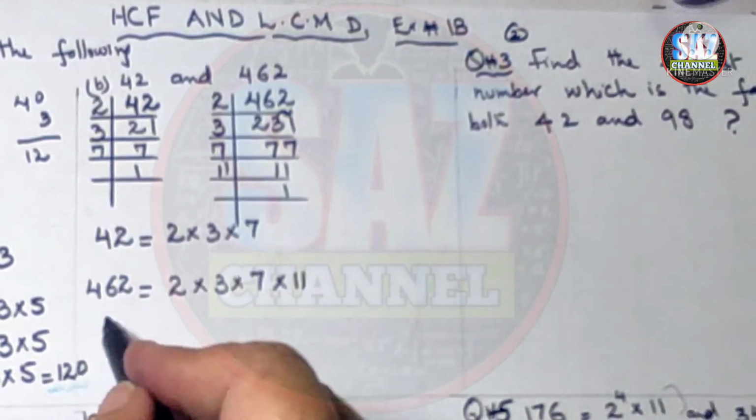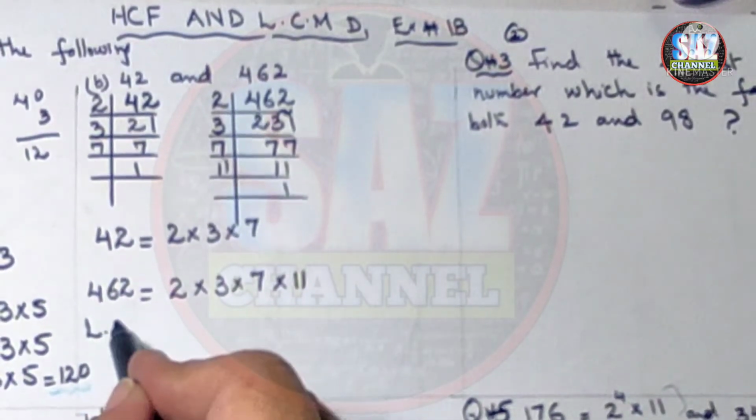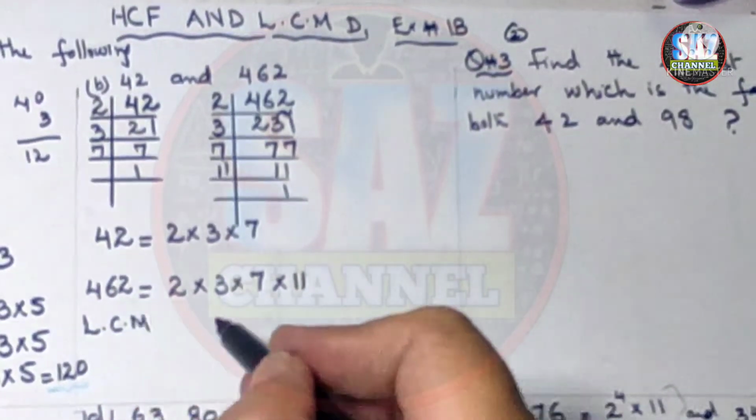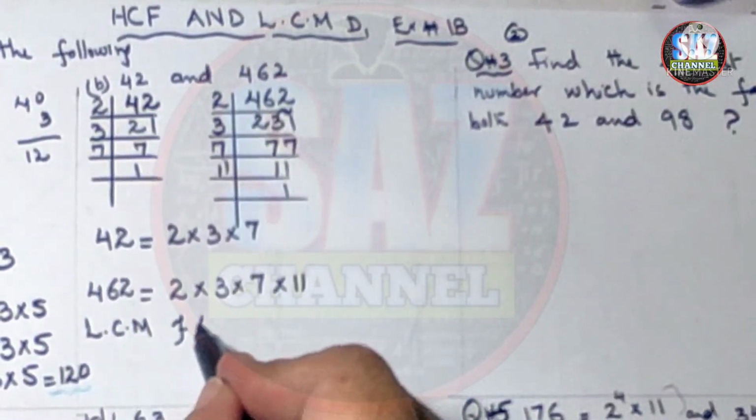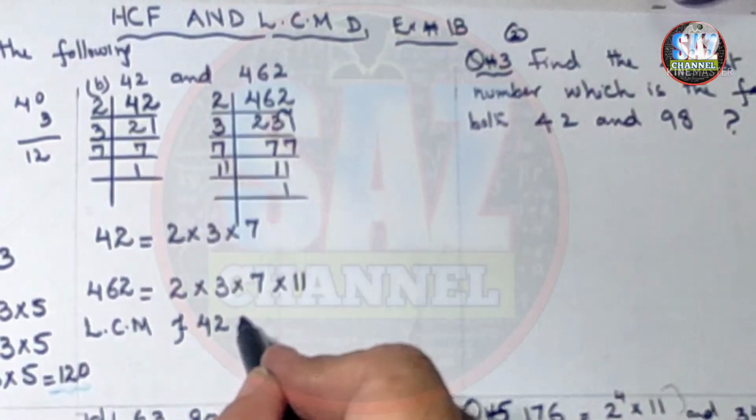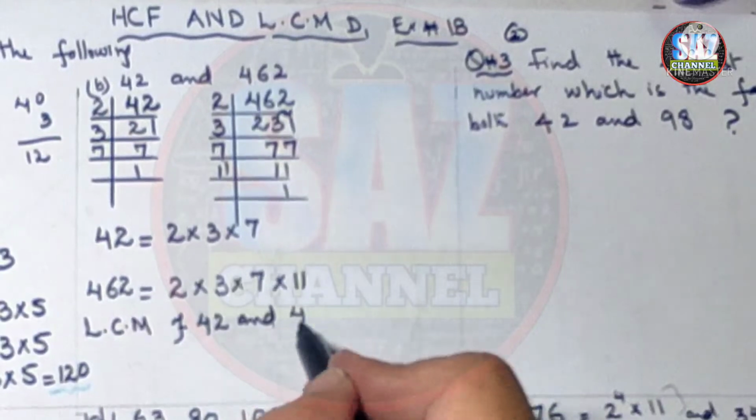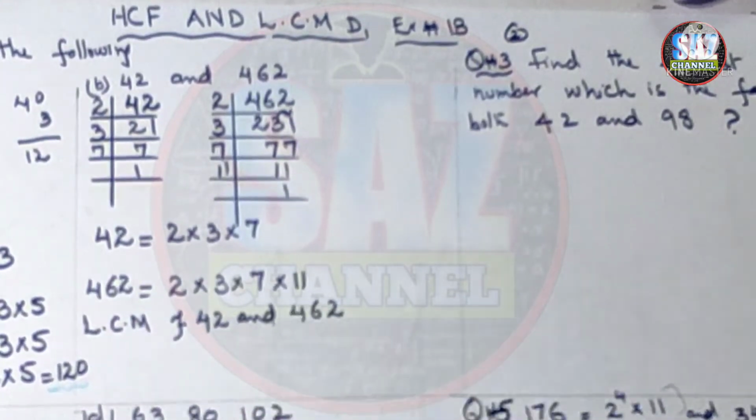Now, as we know, recall what is the LCM of 42 and 462. LCM is the product of common and non-common factors, and we have to choose the common prime factors with their highest index.